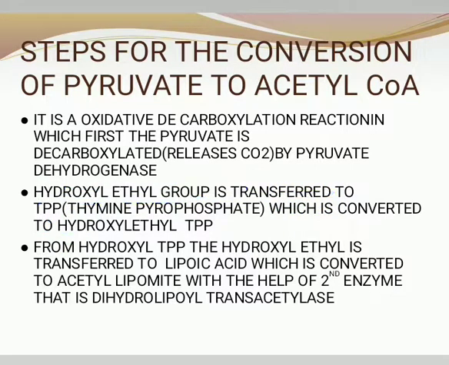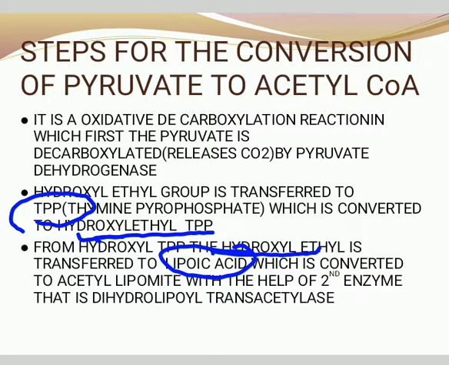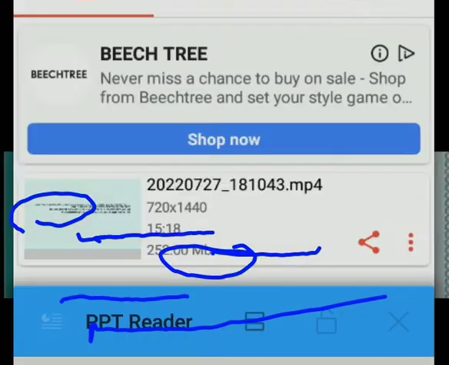Next, hydroxyethyl group is transferred to the coenzyme TPP, which becomes hydroxyethyl TPP, and from hydroxyethyl TPP, this hydroxyethyl group is transferred to lipoic acid, which is converted to acetyl lipoamide with the help of second enzyme, that is known as dihydrolipoyl transacetylase.